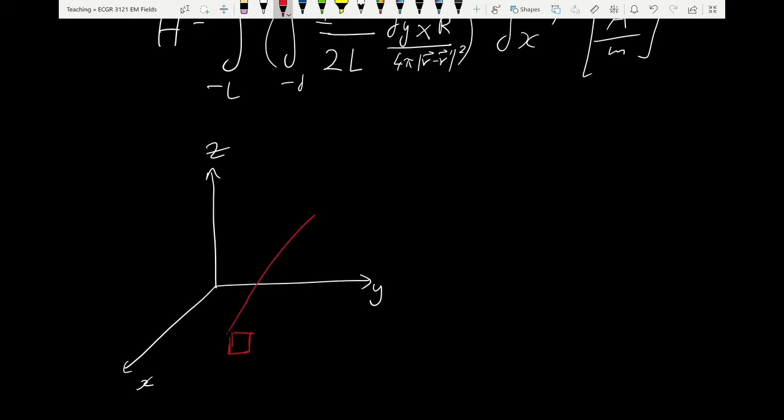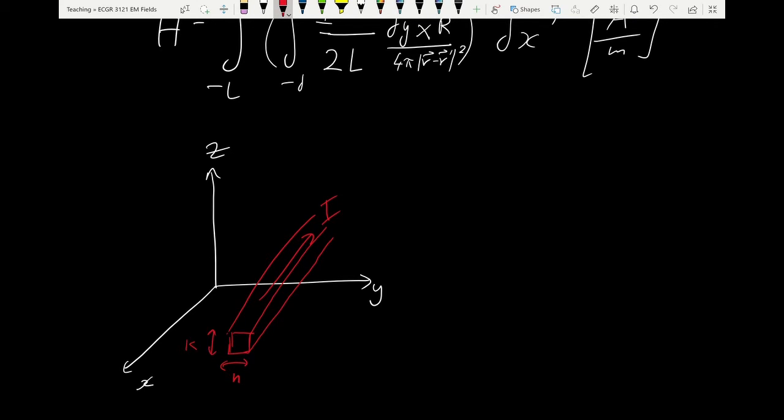It's not a cylindrical wire, it's like a rectangular, square wire. And here the length is h, the length here is k, and then I is passing.